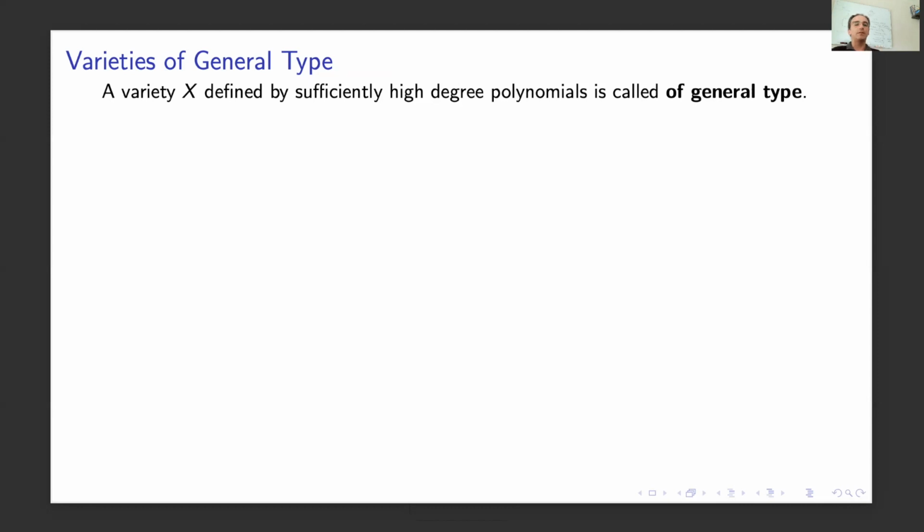So this is very naive. It's not the correct definition, but very vaguely, we know that a variety is defined inside the projective space Pn. So let's fix the dimension, n. So if the polynomials that define the variety have sufficiently high degree, whatever it means, then we say that the variety is of general type.